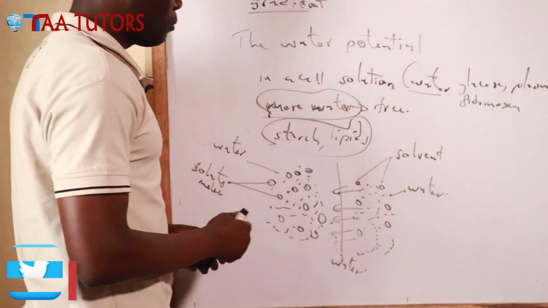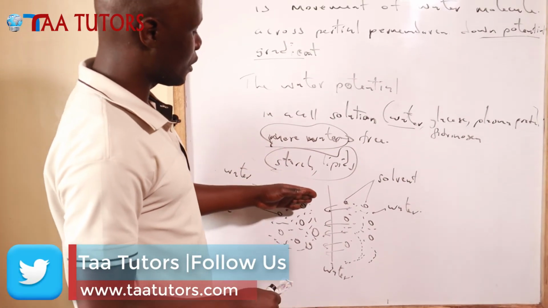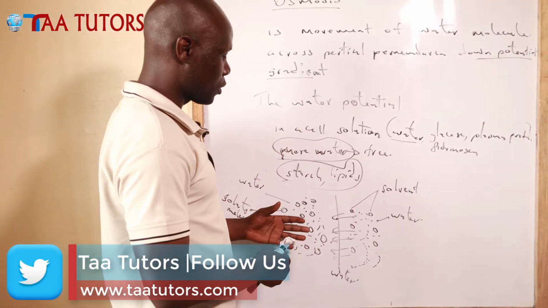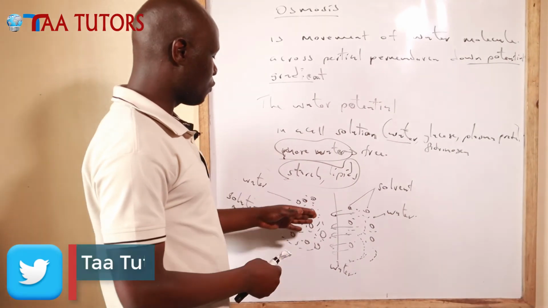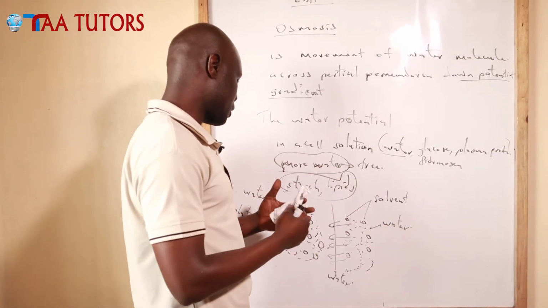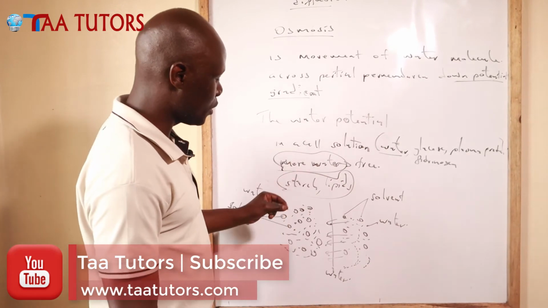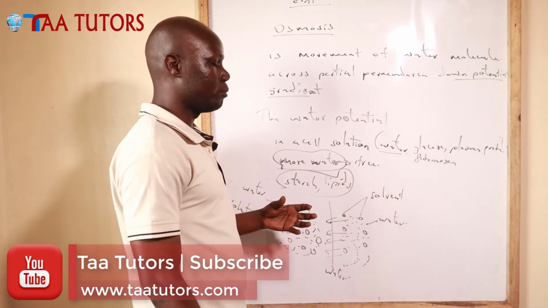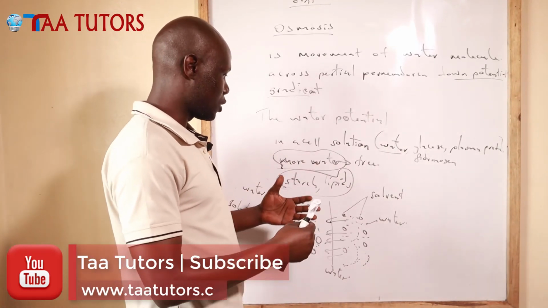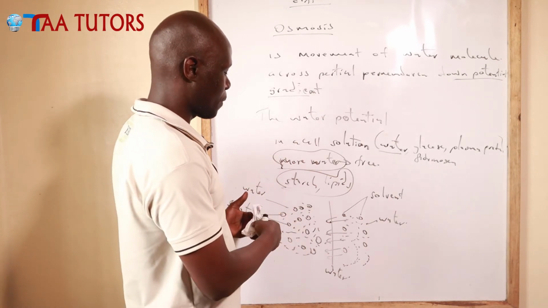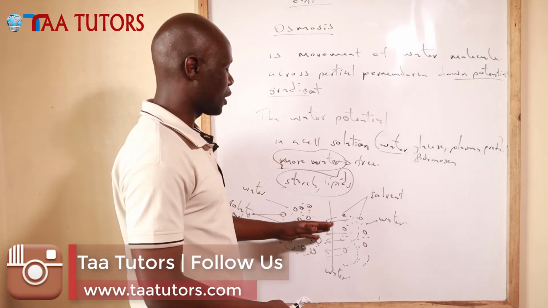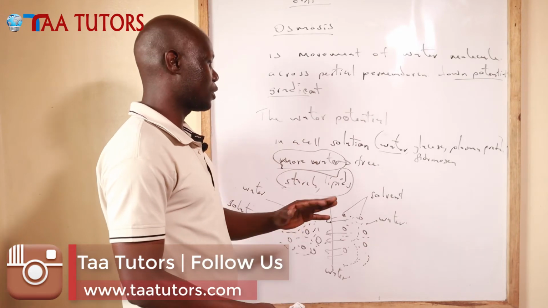Now, the movement of these particular molecules should be regulated, especially in the animal cell. Why is it so? If this movement happens unregulated, we will see the cells expanding, they swell, and eventually they can burst, especially in the animal cell, and therefore various processes can stop.